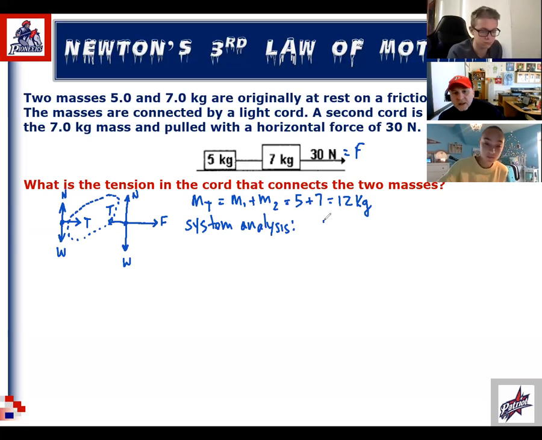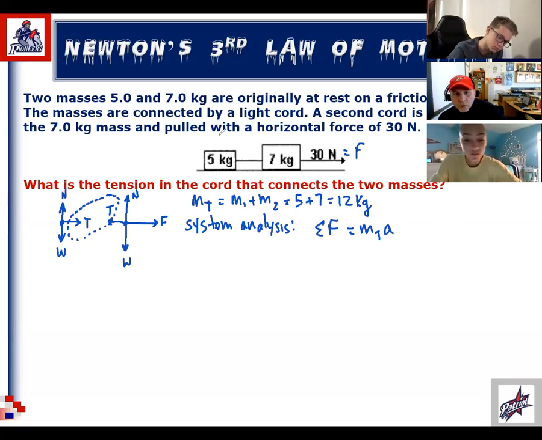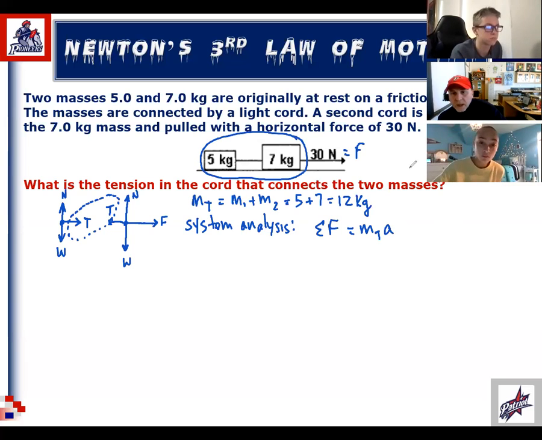And what we say is that the sum of the forces on the system equal the total mass times the acceleration. So now I'm saying a system. What that means is we're taking these two individual masses and we're getting rid of them, and we're creating kind of a new problem where we have one mass that we pull to the right with that force of 30 newtons, but has a mass of 12 kilograms, right?